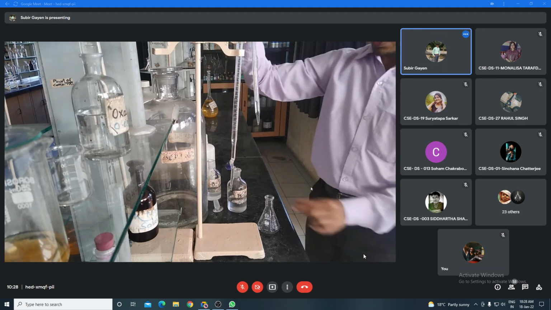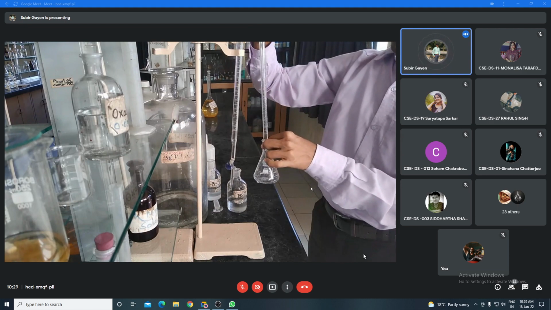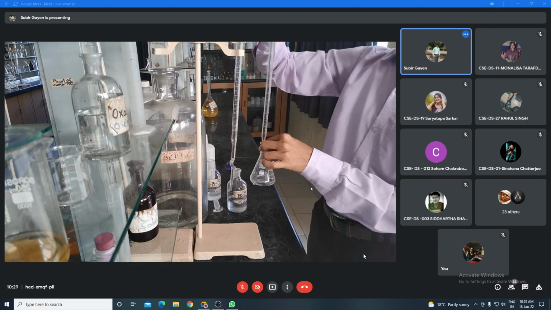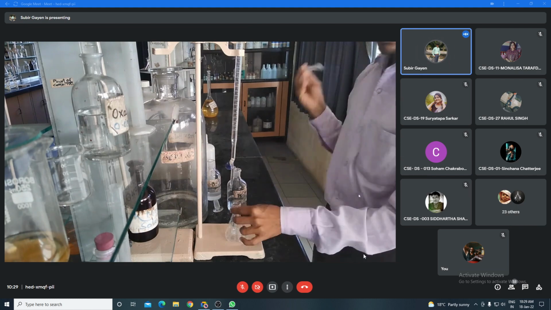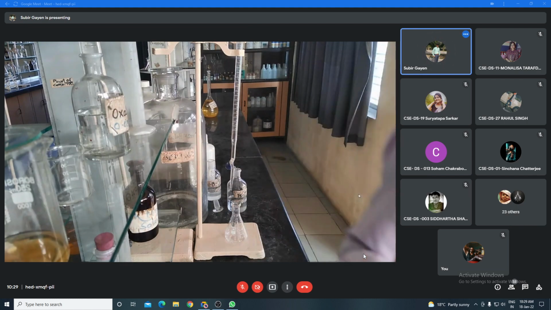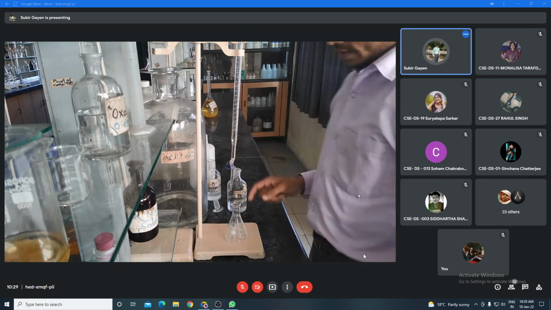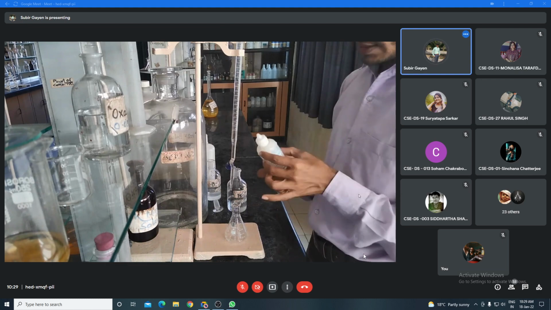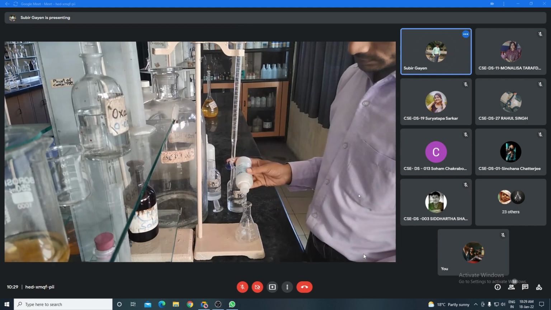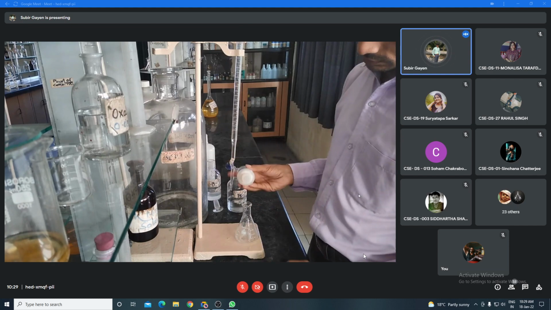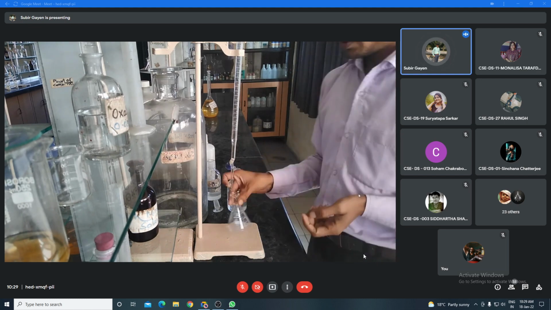This is 2 ml lower layer of bottle 2. Again into this solution I will add indicator, 1 drop. Then start titrating with sodium hydroxide solution again.